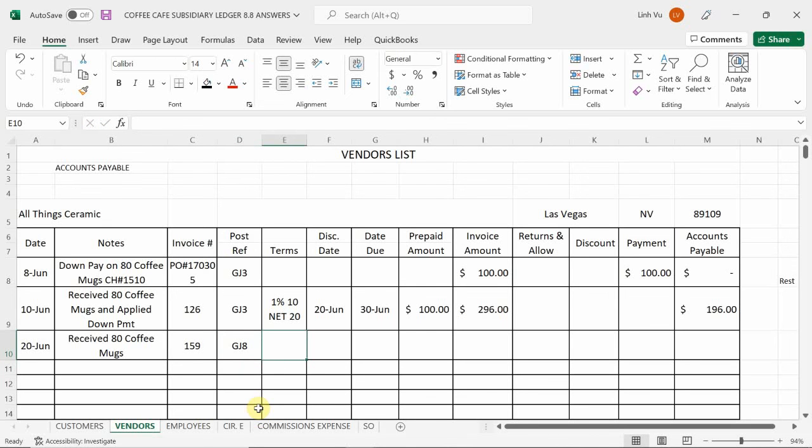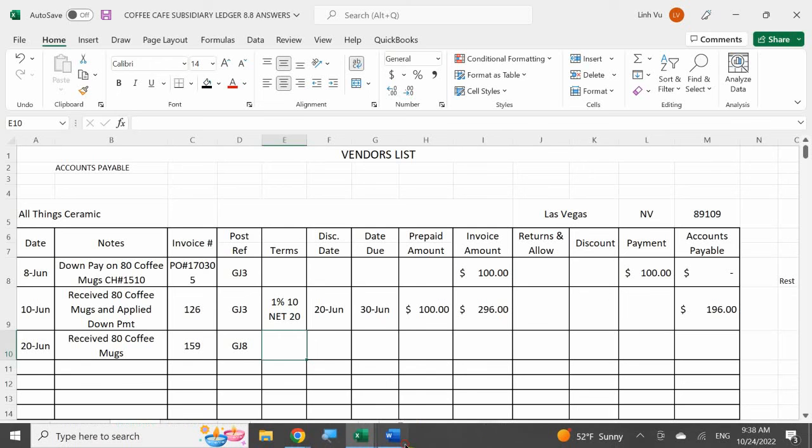Terms. 1%, 10, and net 30. Okay, so they allow us to give us a discount.